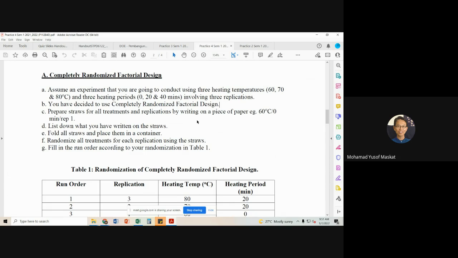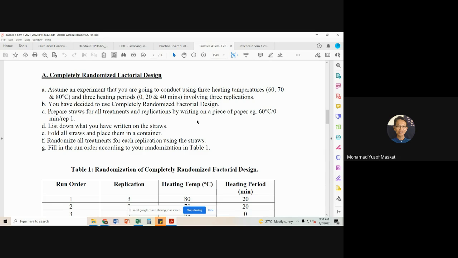Remember, for more than one factor experiments, the treatment is the combination of levels. For a one factor experiment, the treatments are the levels. But for more than one factor experiment, the treatments are the combinations of the levels.